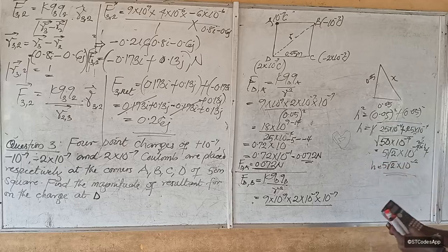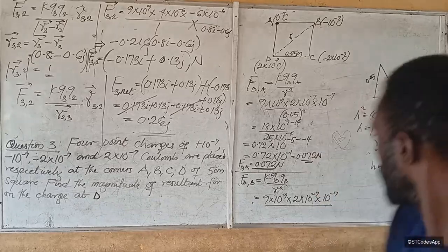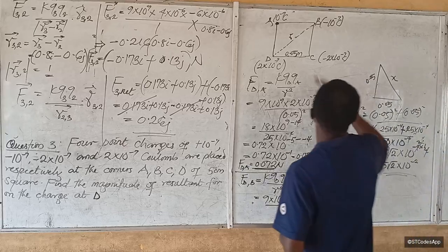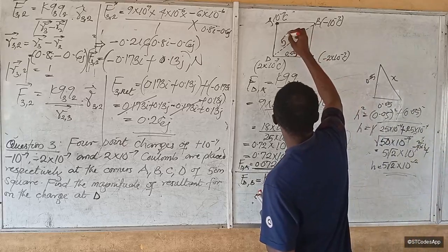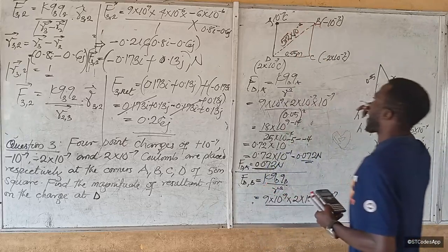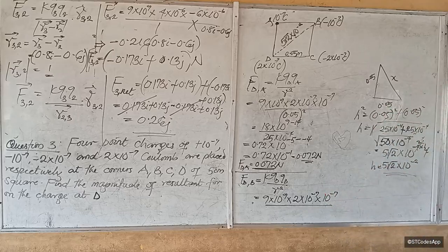That's our h value, the value of the hypotenuse. So it means that here we have 5 root 2 times 10 raised to the power minus 2, or 0.05 times root 2. So it's basically the same.